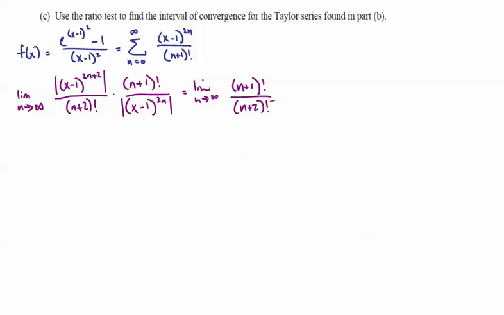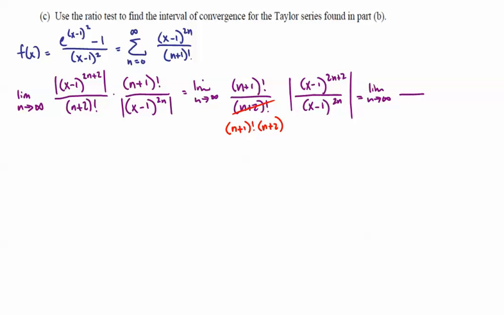And you should be aware that n plus 2 factorial is just n plus 1 factorial times n plus 2, and absolute value of x minus 1 to the 2n plus 2 over x minus 1 to the 2n is going to result in, first of all, for the factorials, the n plus 1 factorials will cancel, and we'll have limit as n approaches infinity of n plus 2 in the denominator, no longer factorial, and x minus 1 to the second power, and no need for absolute value there since that's squared.